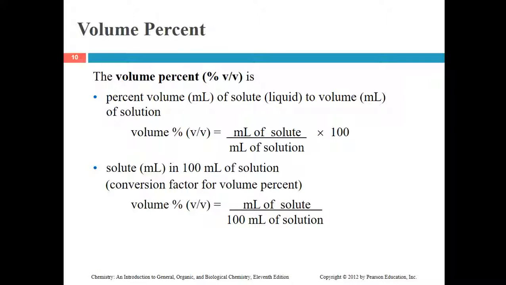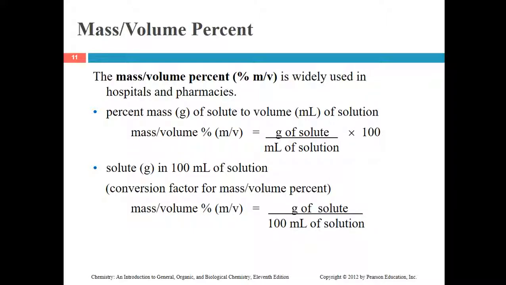So you'll notice our formula: milliliter of solute over milliliter of solution times 100 for our volume percent. Now the solute in 100 milliliters of solution, conversion factor for volume percent, would be milliliters of solute over 100 milliliters of the whole solution.